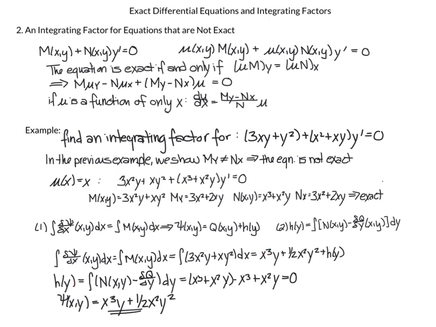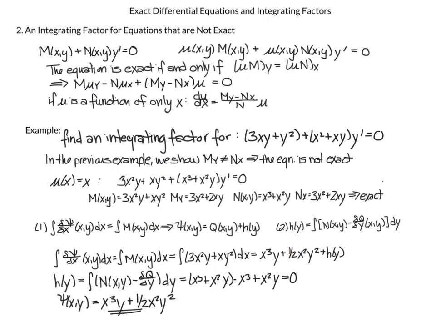For h(y), I'm going to get the integral of N(x,y) minus the derivative of q with respect to y, all of this integrated with respect to y. So N first, which is over here, x cubed plus x squared y, minus the derivative of q, which is this portion of my psi, with respect to y, will give me x cubed, and then my y will give me x squared times y.